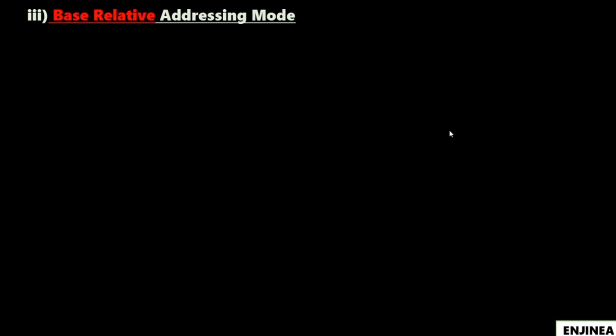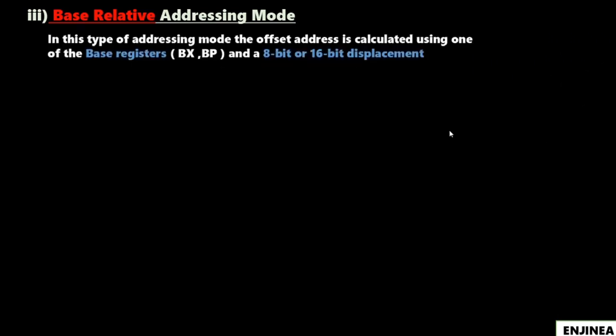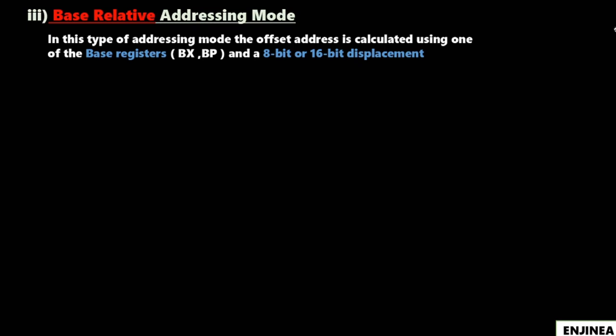So the next type of addressing mode is base relative addressing mode. So what does this say? In this type of addressing mode, the offset address is calculated using one of the base registers and an 8-bit or 16-bit displacement. Now in one of my previous slides I discussed that the offset address has three elements, which were displacement, the base, and the index.